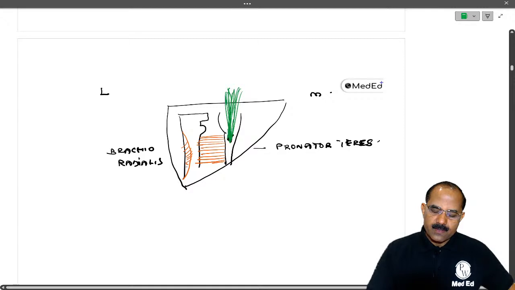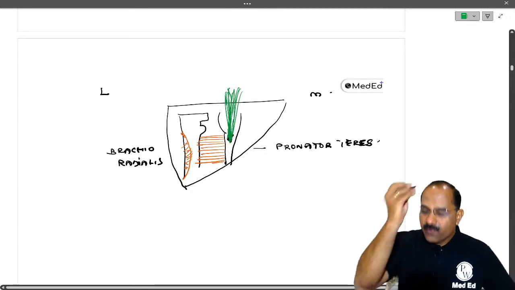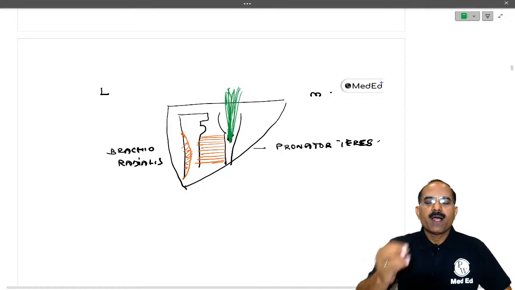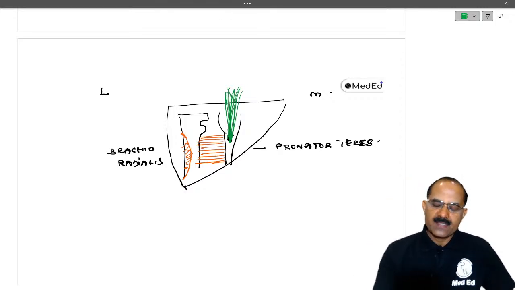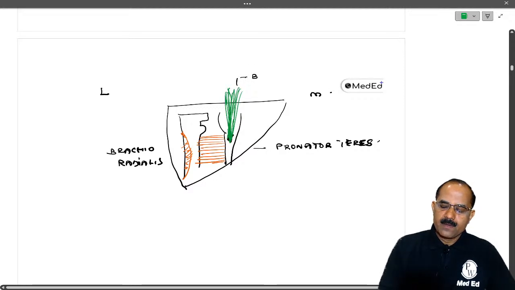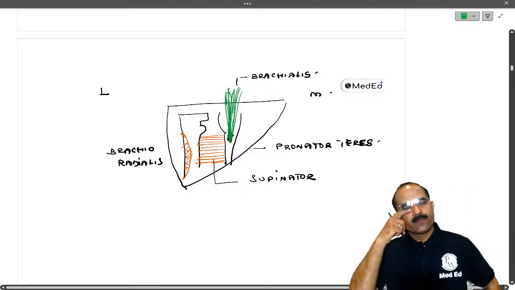Come on, answer. The floor is formed by brachialis and supinator.